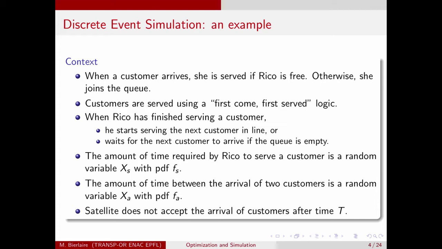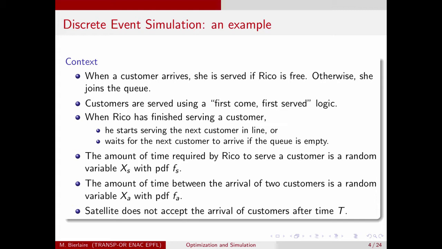So there is only one queue, and the first customer in the queue is served first. Then when Rico has finished serving a customer, two things can happen. Either he's serving the next customer in line immediately, or the line is empty, and Rico can just play on his iPhone and wait until the next customer arrives in the bar.